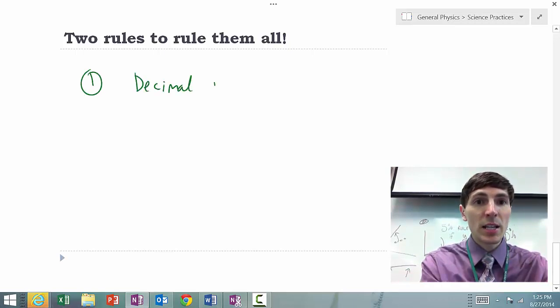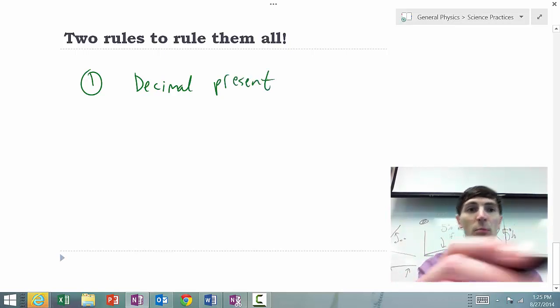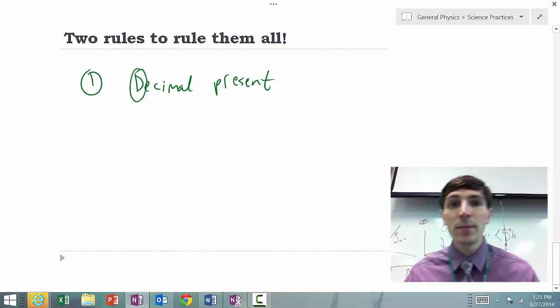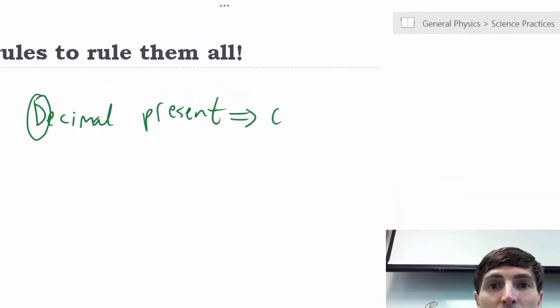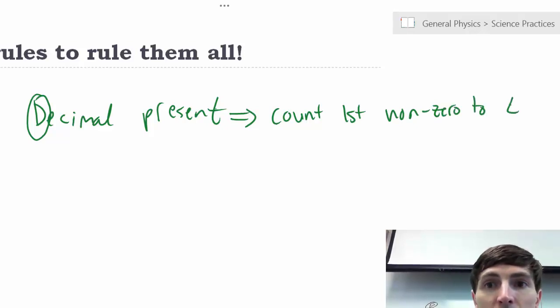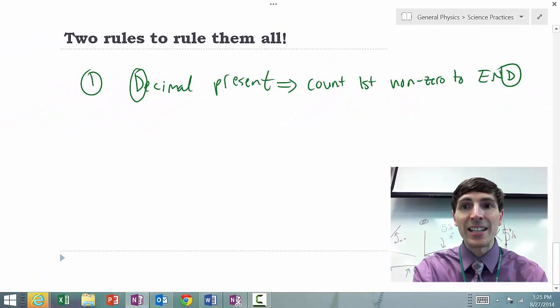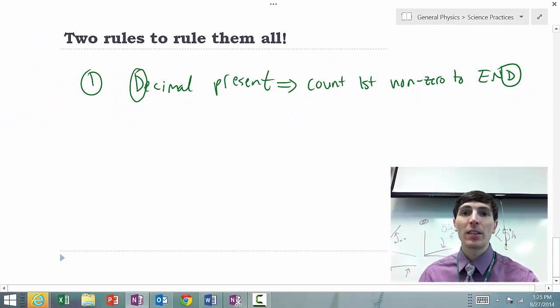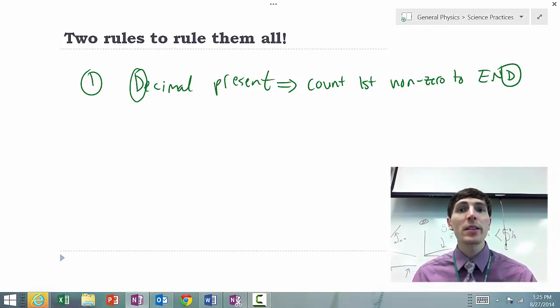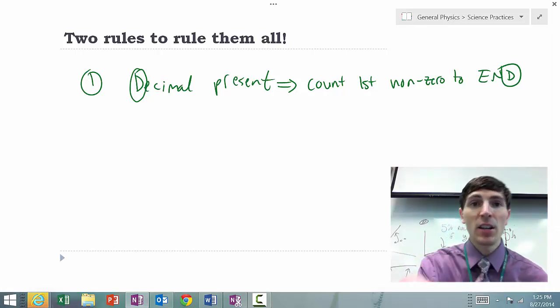So if there's a decimal present, I'm going to put a little circle by this decimal, this D. If there's a decimal present, all you have to do to count sig figs is count from the first non-zero to the end. Decimal rule, go to the end. Think that D sound. Decimal's present, count the first non-zero to the end.